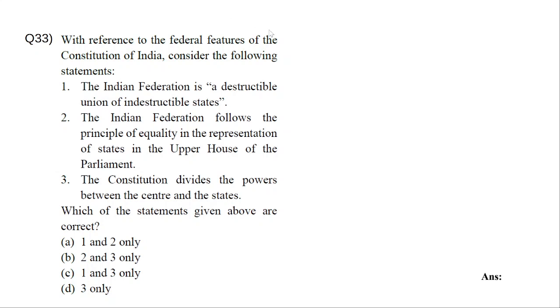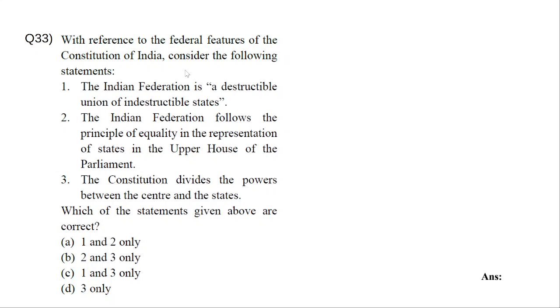And the union: if a state, say Tamil Nadu in future or any state, wants to secede from the union of India, it is not possible. The Constitution of India does not allow seceding from the Indian Union. So the Indian Federation is an indestructible union of destructible states. So the first option is wrong.